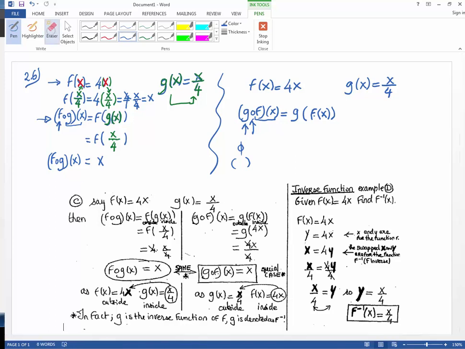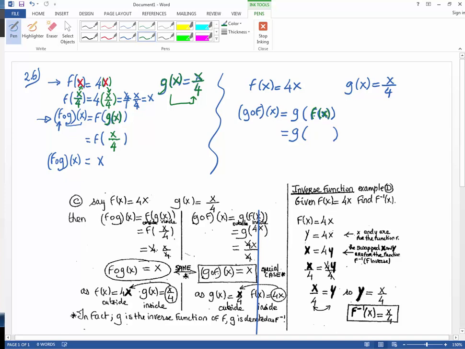Let me just erase the extra things. Let's go ahead and continue. So we'll see that it's g evaluated at whatever f of x turns out to be.